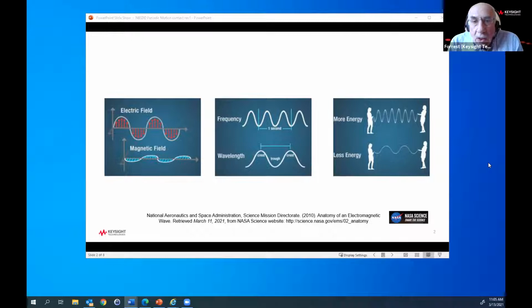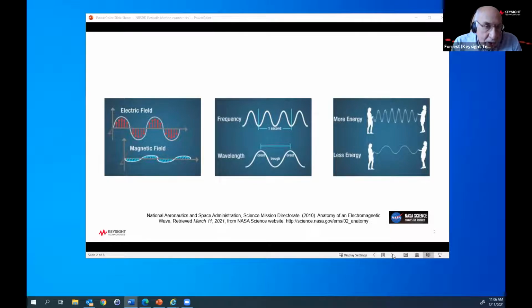If we look at the right-hand box, it's telling us that the higher the frequency, the more energy can be carried by the wave. And in the left-hand box, we're taking a little bit more detailed look at what Joe was explaining to us, that electromagnetic waves that are so important in all our lives and for the business that Keysight Technologies supports.